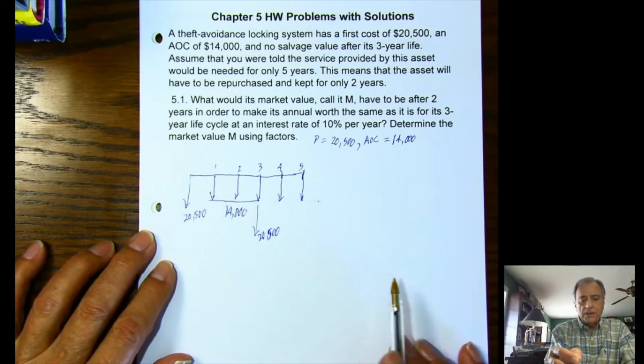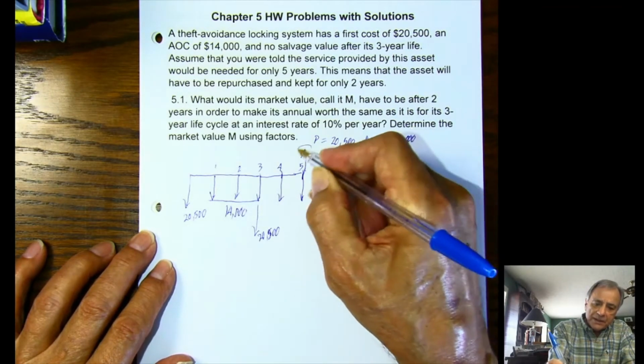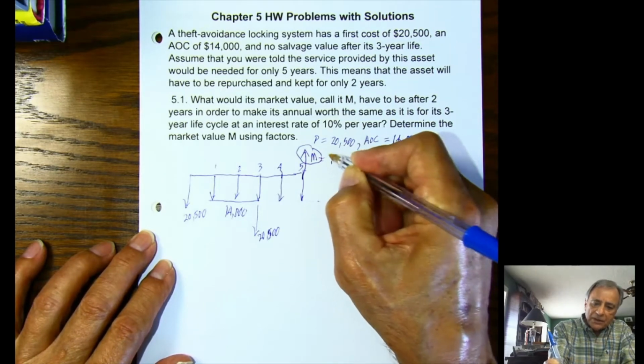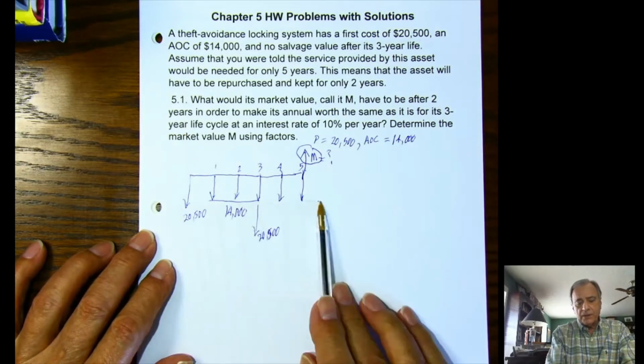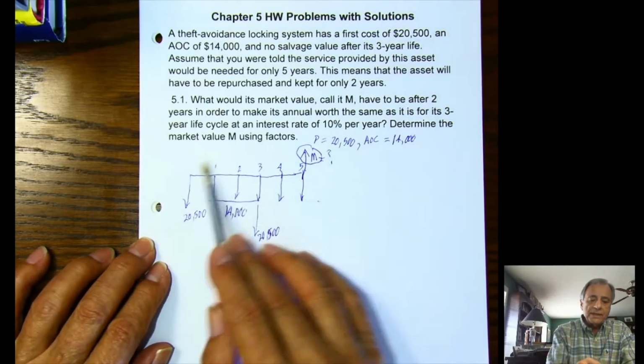So now he wants to know what the salvage value, call it M, must be, that's the question mark, in order for the 5-year cost, annualized, to be the same as the 3-year cost.